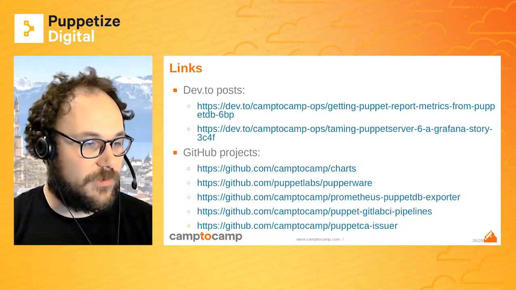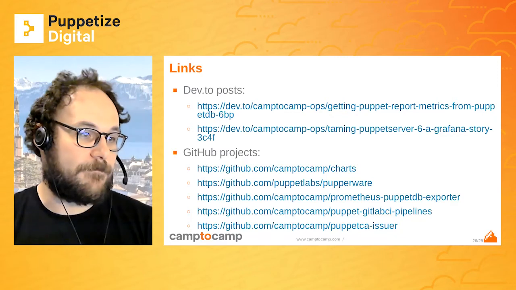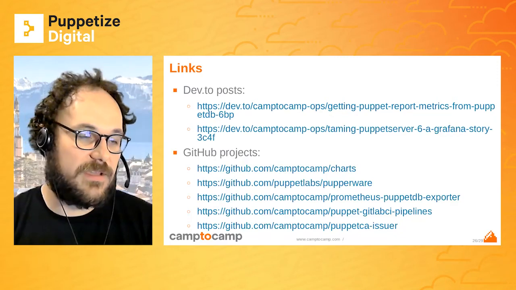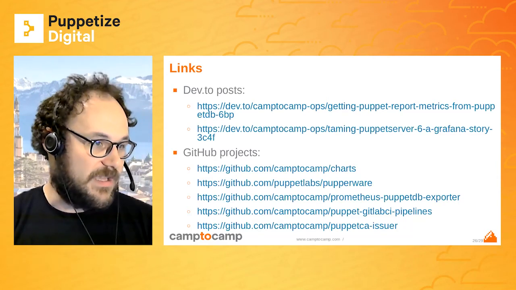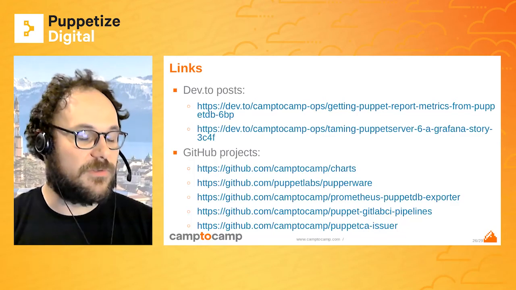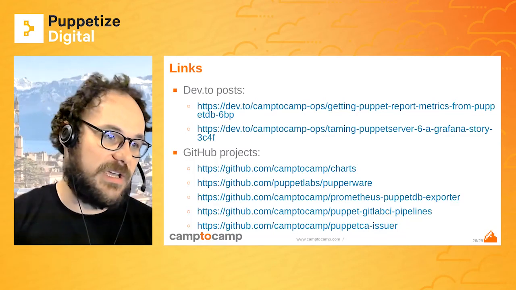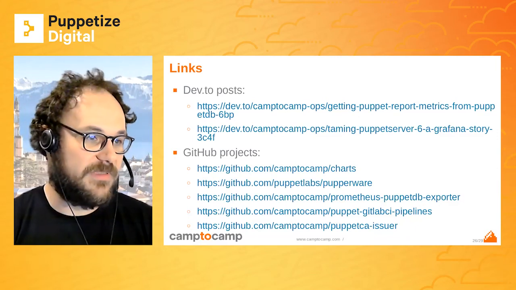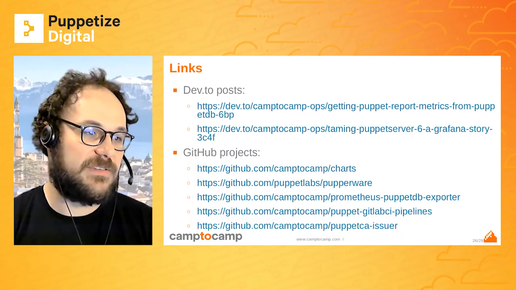And there's also GitHub projects with our Kubernetes charts, the projects for the container images, as well as some Helm charts in there, and some of the tools we've written to automate the stack: Prometheus PuppetDB exporter, which allows to get the metrics from the PuppetDB and put them in Prometheus.